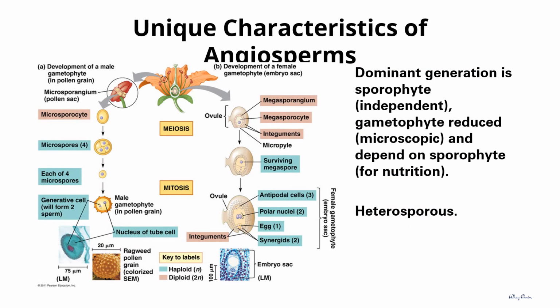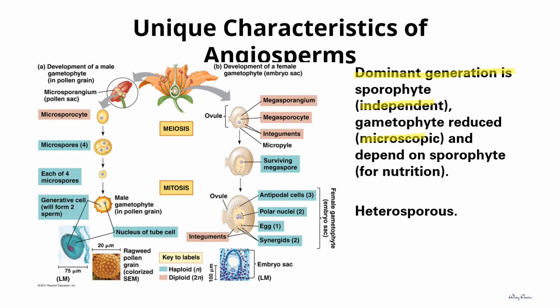The sporophyte is the dominant generation because it is photosynthetic or independent. However, their gametophytes are very small, which is microscopic, and depend on the sporophyte for nutrition. The spores are heterosporous because there is megaspore and microspore formation.